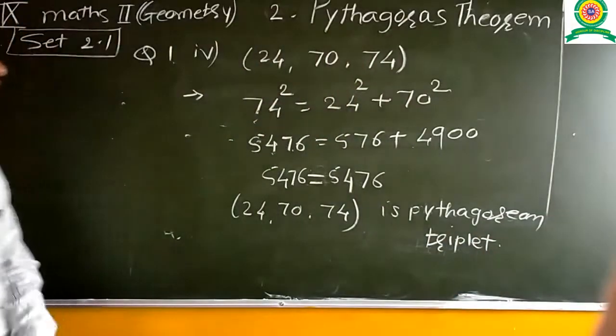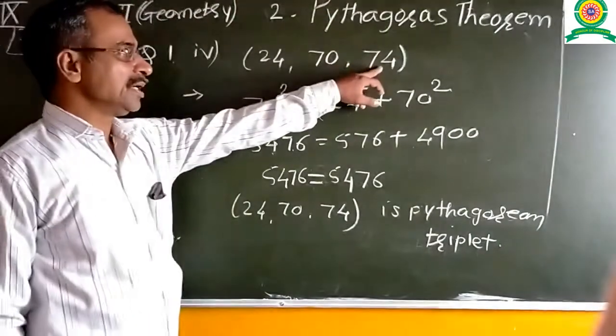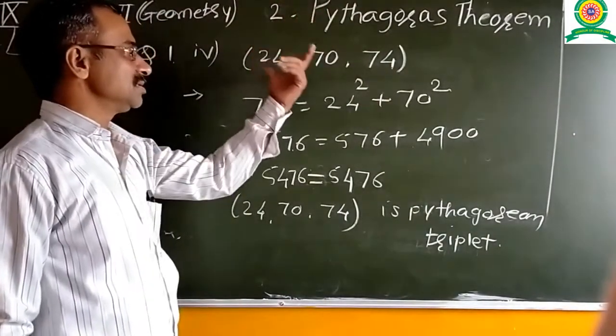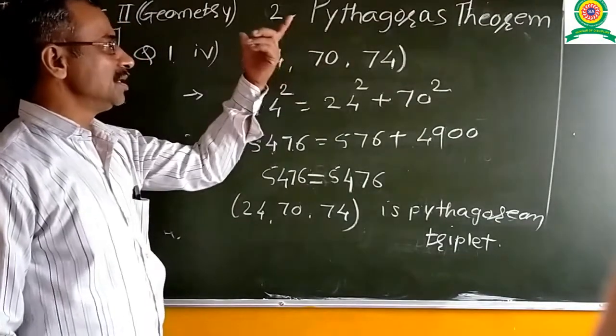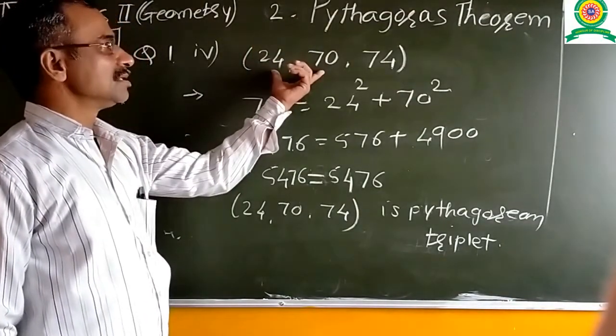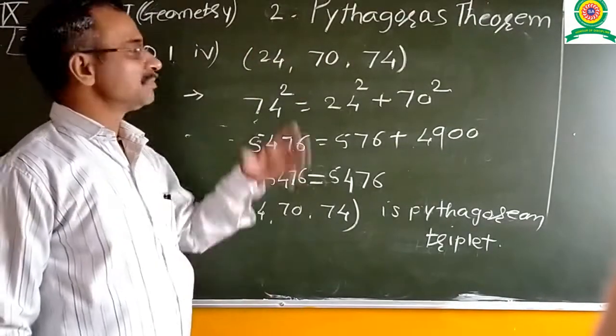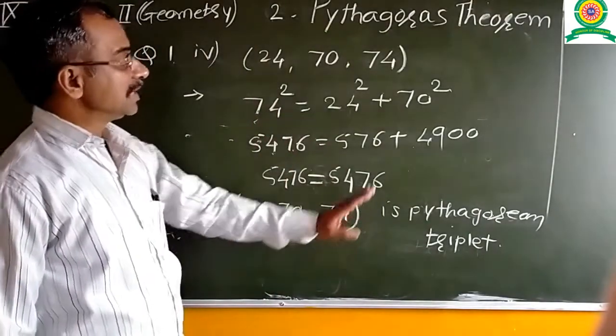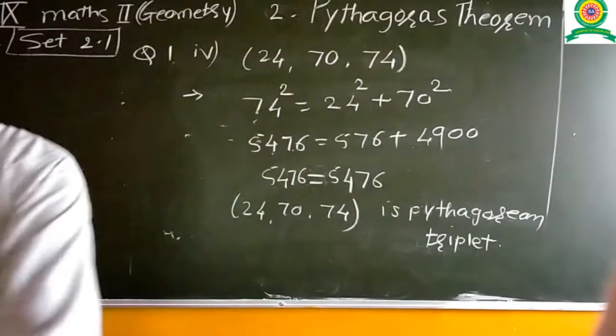Now again and again we are using that rule. The square of the higher number is the sum of the squares of the other two smaller numbers. If the condition is satisfied, then the triplet is a Pythagorean triplet.